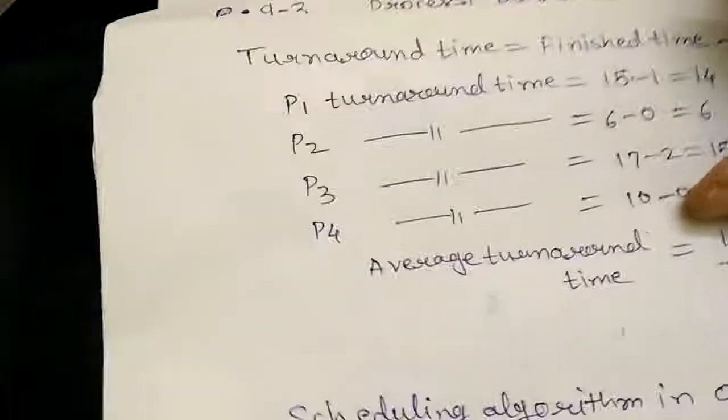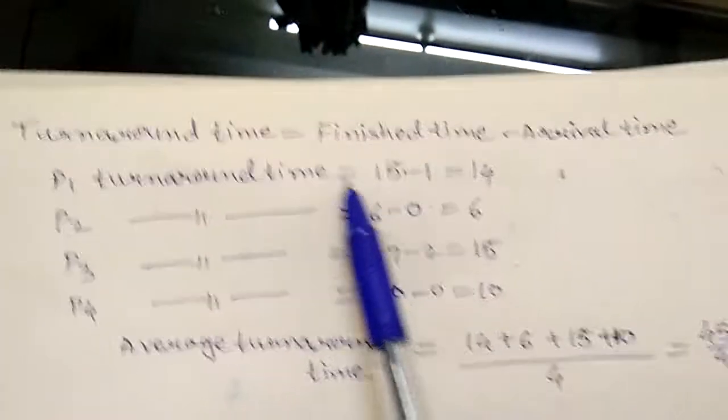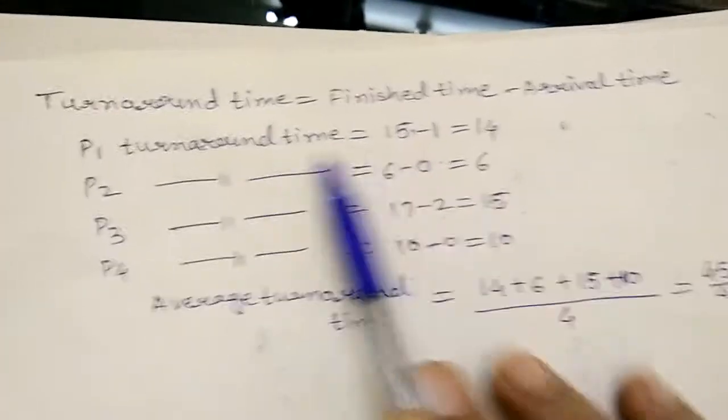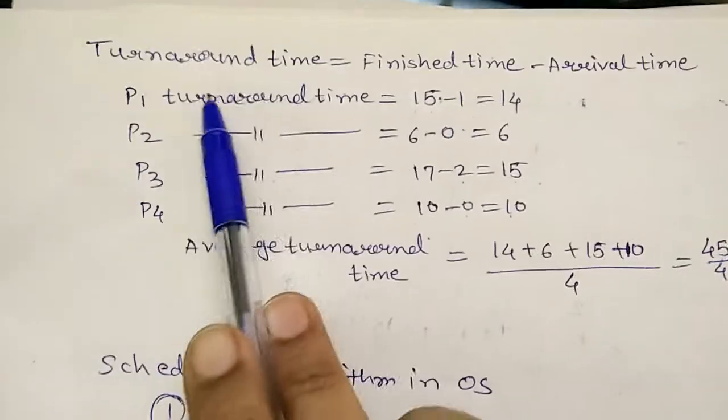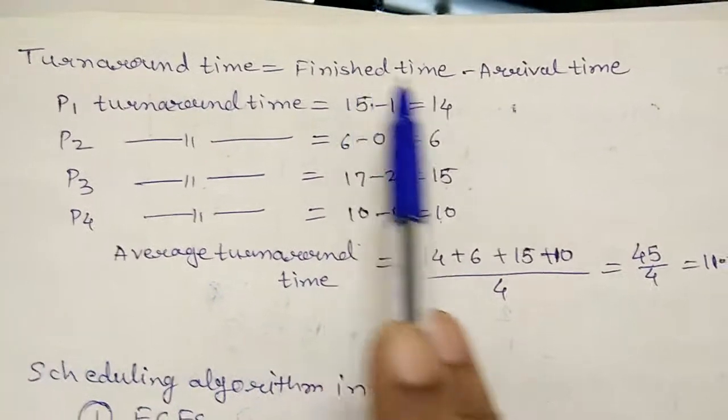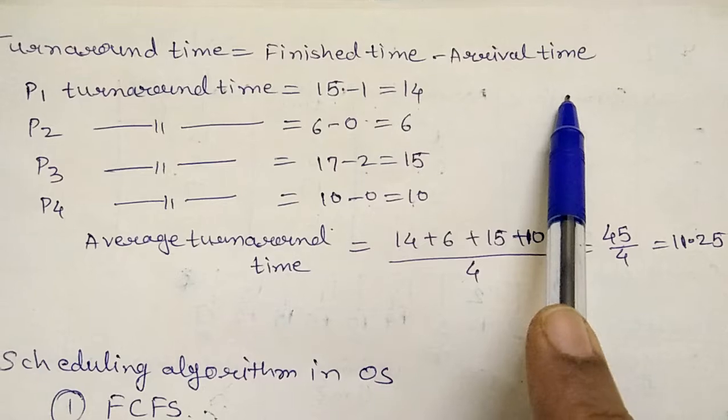Now the last is we are going to calculate the average turnaround time. But before we calculate the average turnaround time, let us see how to derive the turnaround time. The formula to derive the turnaround time is turnaround time equal to finish time minus arrival time.